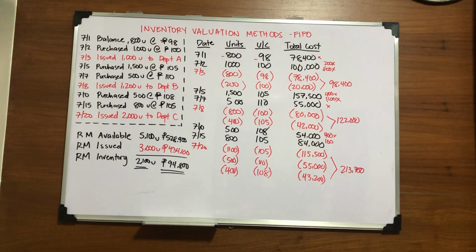For periodic, again, the concept of periodic system is the latest purchases are normally left in the warehouse. So the raw materials issued are the residual amount after deducting the physical inventory counted from the goods available for sale.